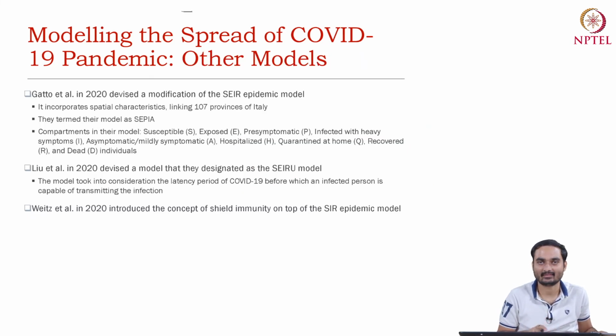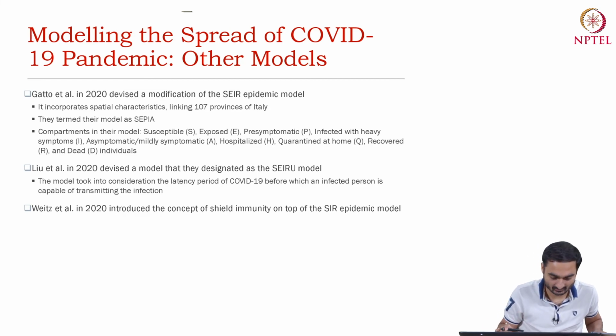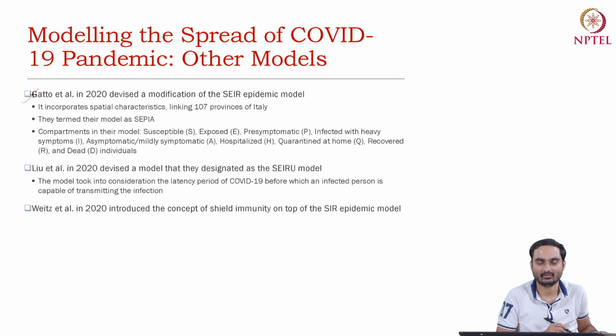In fact, as I mentioned, there are many other models that have been proposed. For example, this model, Gatto et al. 2020. They use this ACIR model we discussed earlier, right, but they incorporated some sort of spatial characteristics, meaning the geographical locations, the other properties of this geography and so on, so the population density and so on and so forth.